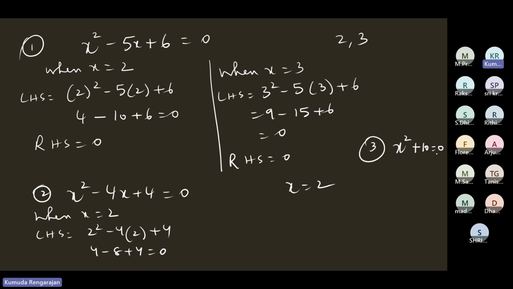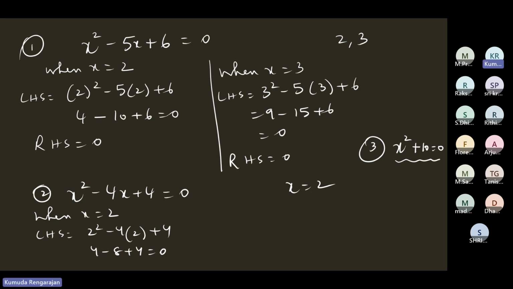I'm just giving you an example. There are many such equations. So if you consider this quadratic equation, x squared plus 10 is equal to 0, there is no value of x that can satisfy it. There are so many real numbers, but not one real number can satisfy this quadratic equation.